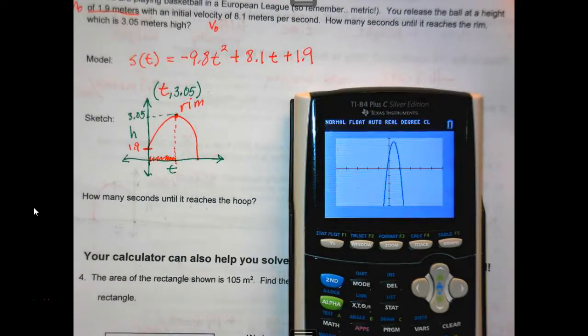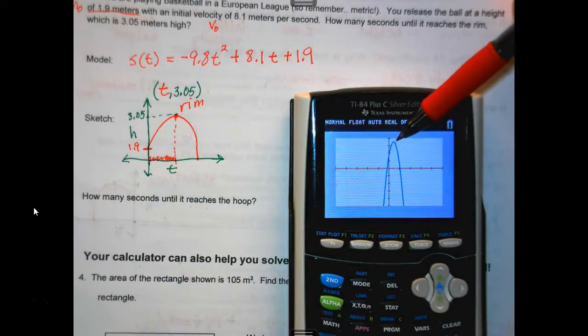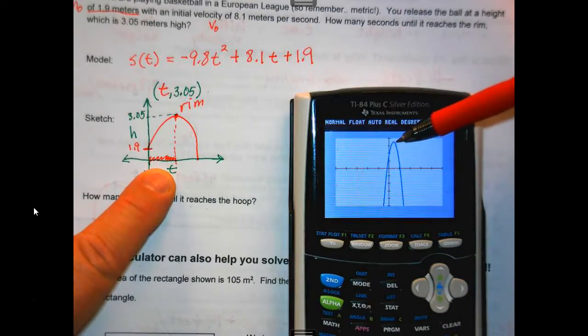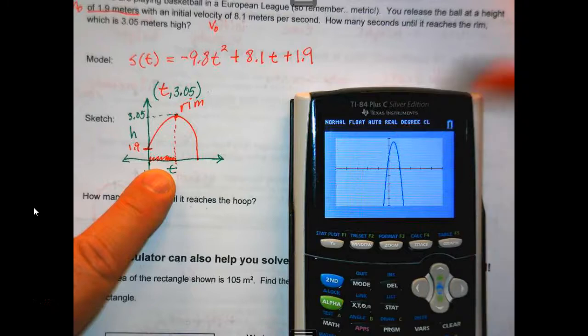Yeah, pretty good. Again, I'm looking for the x coordinate of that vertex, right? It's going to tell me the time. So, is this a maximum point or a minimum point? Max.